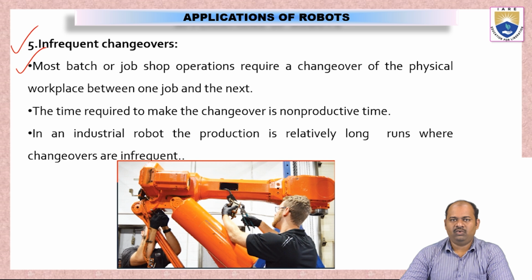I can use this robot simultaneously for another machine like a drilling machine, where I can use the robot for drilling operation. The same robot can be used for operations on the lathe machine as well as for drilling. I can attach a tool to the robot, and this can be used to drill holes into metal plates. Generally, these two operations require a lot of changeover.